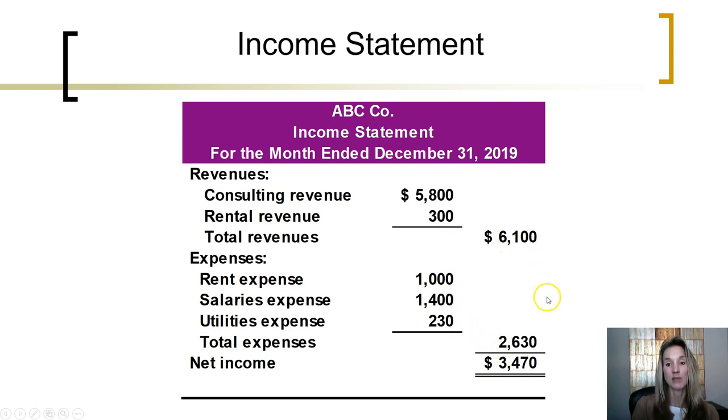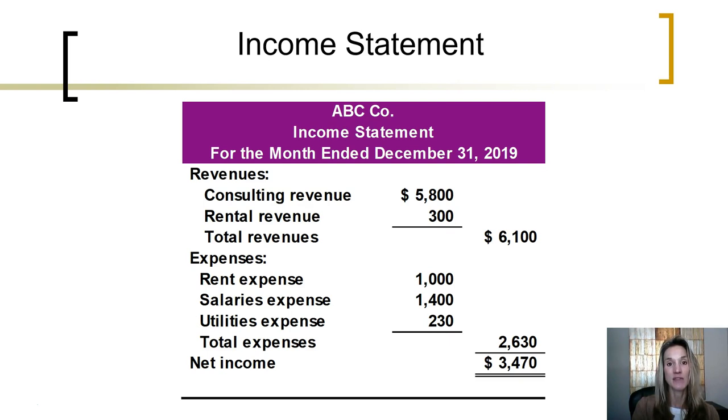Total revenues minus total expenses: if revenues exceed expenses, we are left with the net income. Notice these single lines. These single lines indicate a subtotal. Then we have the double underline, which indicates end of statement final total. So the income statement measures the profitability, or one small piece of the financial performance.